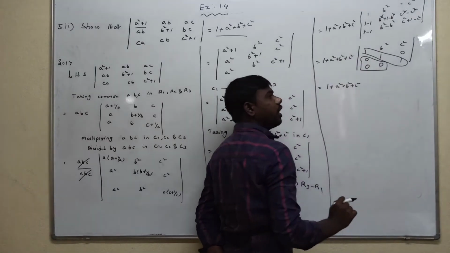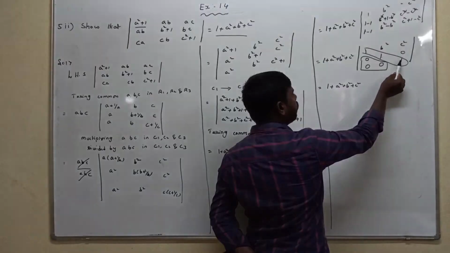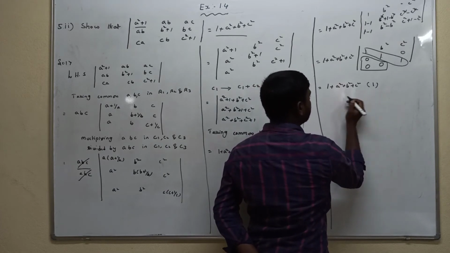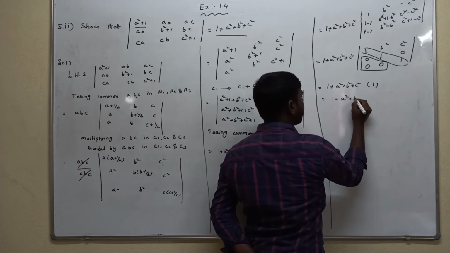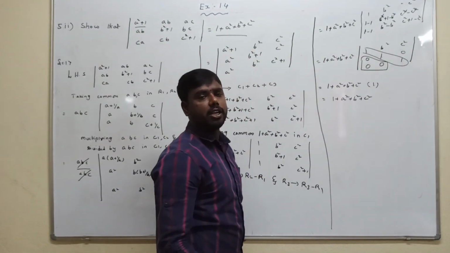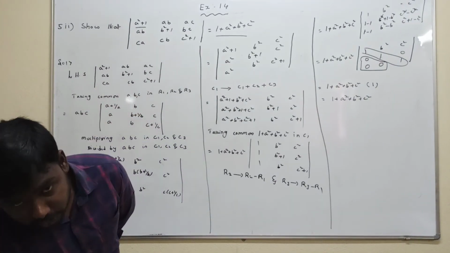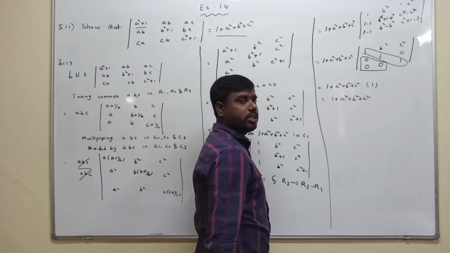The product of the principal diagonal elements is 1 into 1 is 1, 1 into 1 is 1. So only 1. So 1 into 1 plus A square plus B square plus C square gives 1 plus A square plus B square plus C square. Or else we can apply the determinant condition and also get the answer.